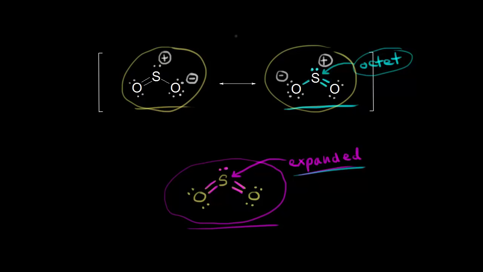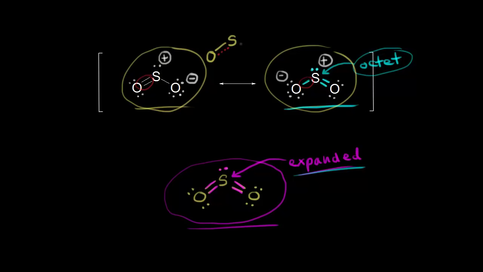If we think about the bond of sulfur to oxygen on the left, we have a double bond on the left resonance structure and only a single bond on the right. So a hybrid would say this bond is in between a single bond and a double bond, and we could put a dotted line here.